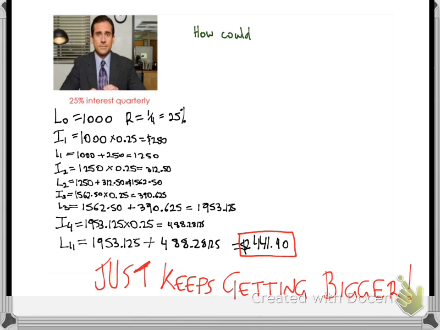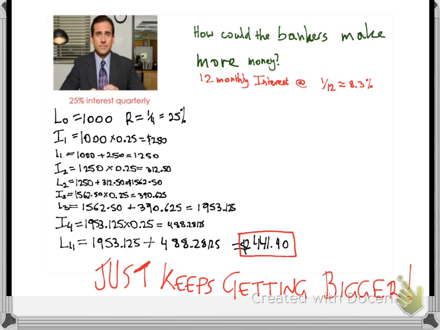So if we kept on examining this, the banks can think, well, I can make a lot of money out of this, just by having perhaps a situation like this: a 12-month interest rate at 8.3%, which is 1 over 12. Even though if they advertise this, you might think, oh, well, that's a lot smaller interest rate than 25% or 50% or 100%.